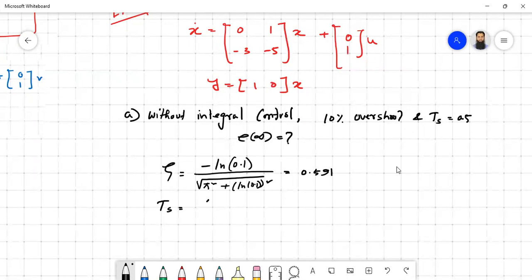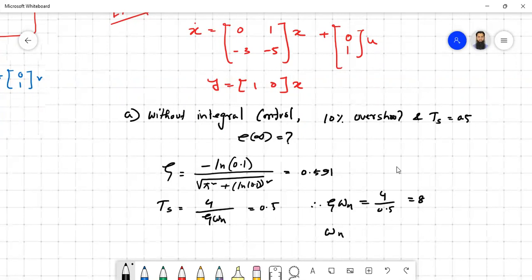And also the settling time is given. The approximate formula for that is 4 by zeta omega n, which is 0.5. So from that one, we need zeta omega n from the characteristic equation. 4 by 0.5 is 8. And also omega n will be required.